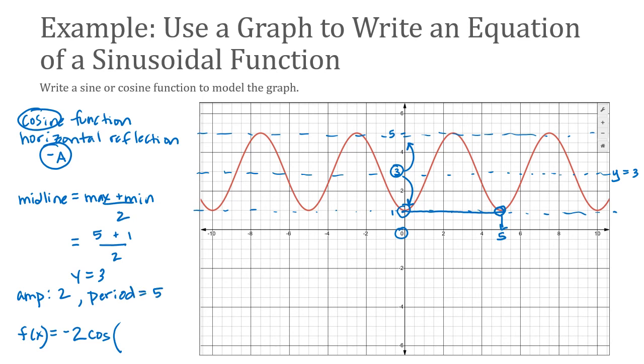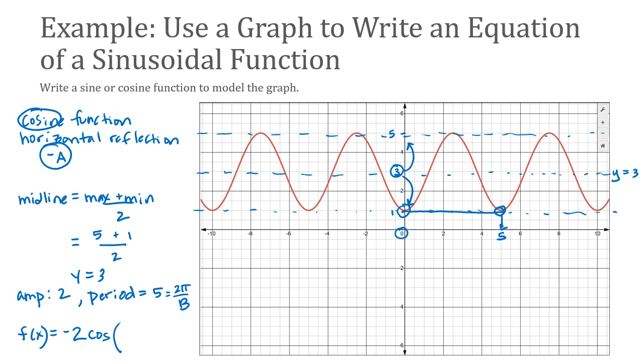Now, is that the number that I put inside of the equation of the function? The answer to that is no, because the number that's going to go inside the argument of this cosine function is actually where the period is equal to 2 pi over b, and it's that b value that we want.